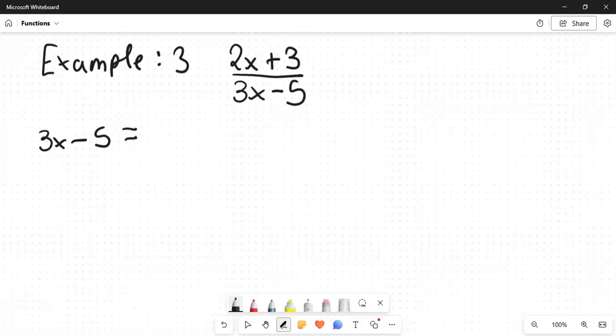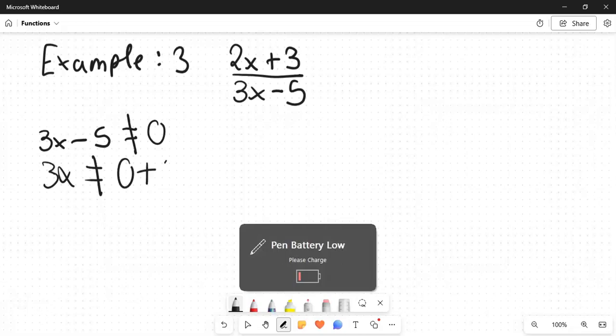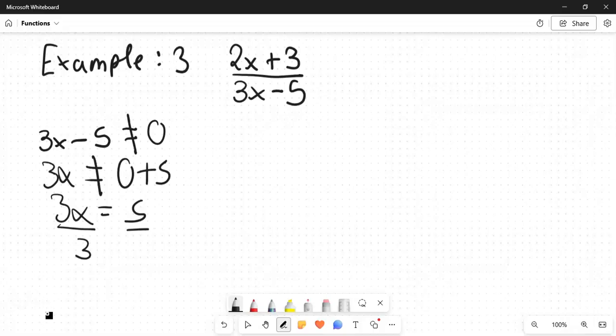Whenever you're given an inverse equation, you also have to find the value of x for the denominator as the domain. So 3x minus 5 is not equal to 0. 3x is not equal to 0 plus 5, then x is not equal to 5 over 3. So this is our domain right here.